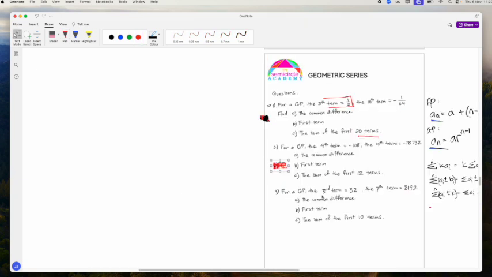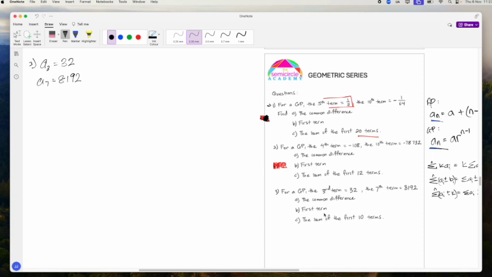Now for a GP, the third term is 32. So a3, the third term, is 32. And the seventh term is 8,192. We have to find the common ratio.